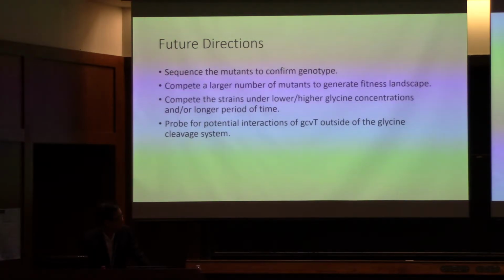And then I would also like to probe for potential interaction of the gene that the glycine riboswitch controls outside of the glycine cleavage system, because I ran a database search, and it turned out that that gene also interacts with other genes as well.